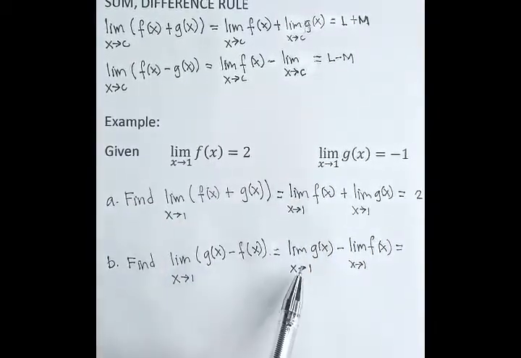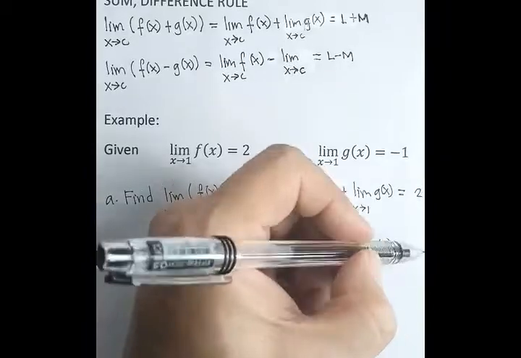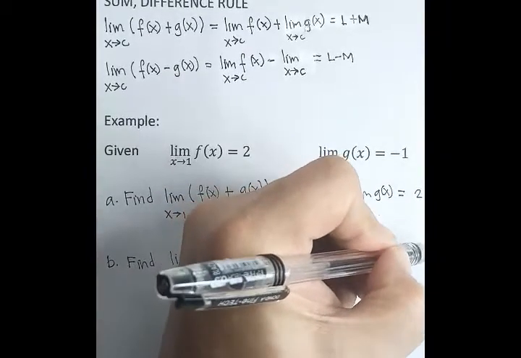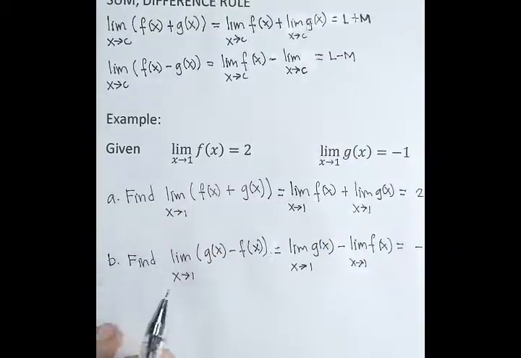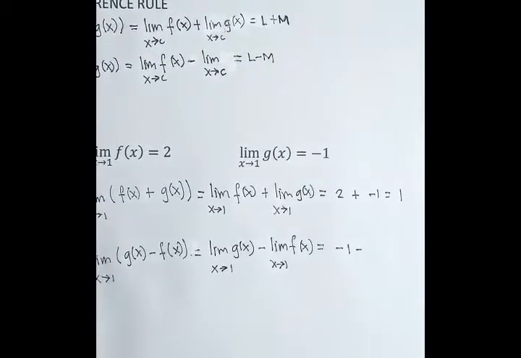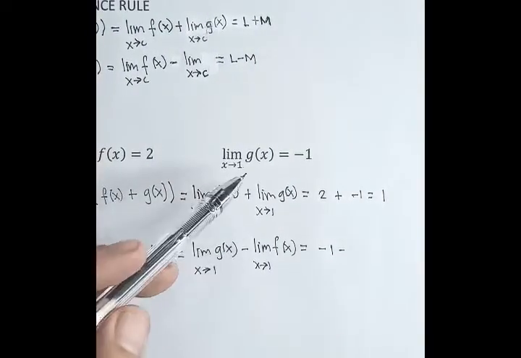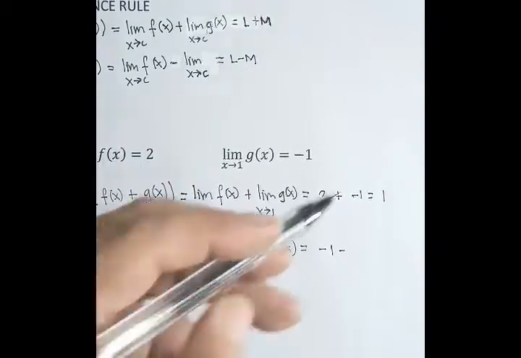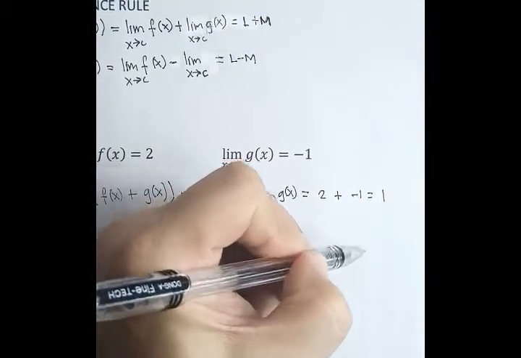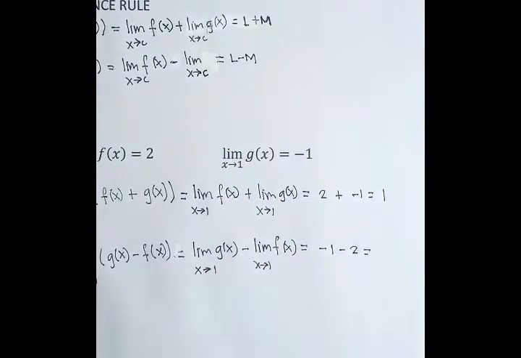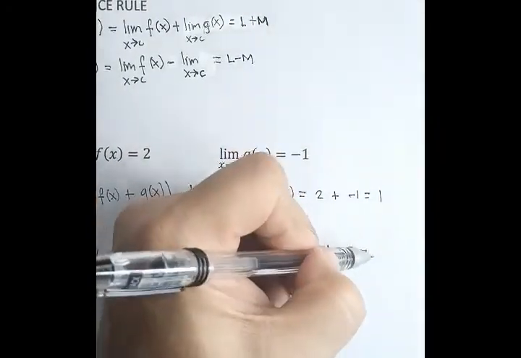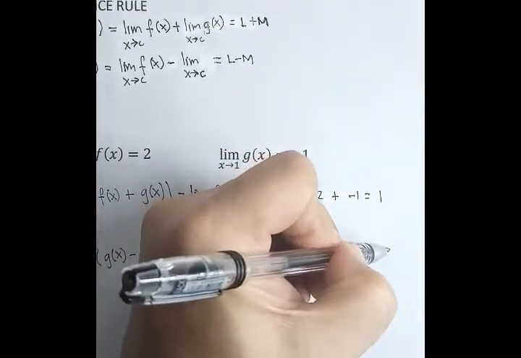Then this one is given as negative 1 minus the function of x, which is 2, so minus 2. So negative 1 minus 2 is equal to negative 3.